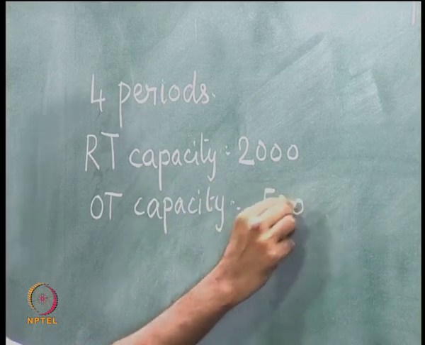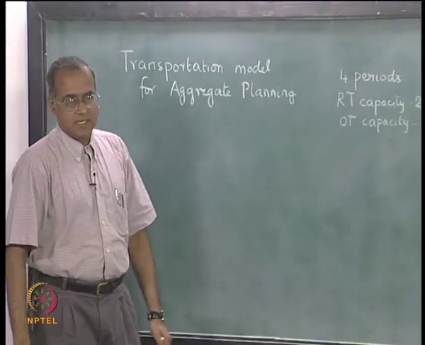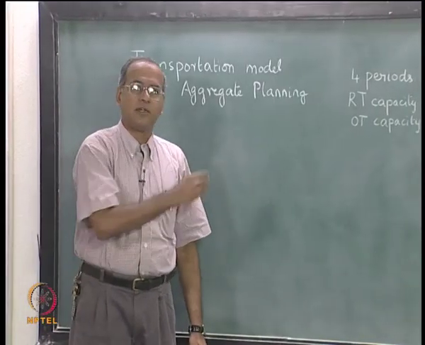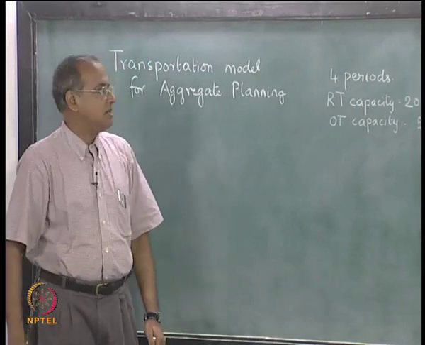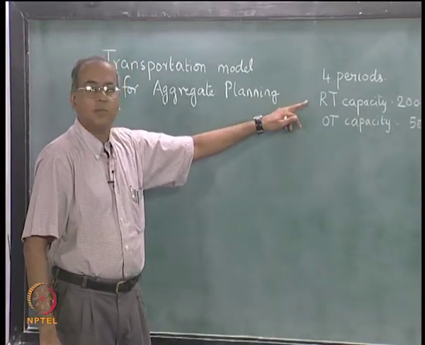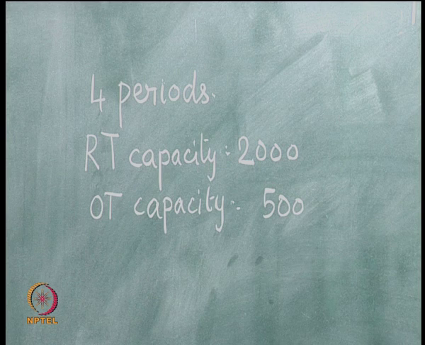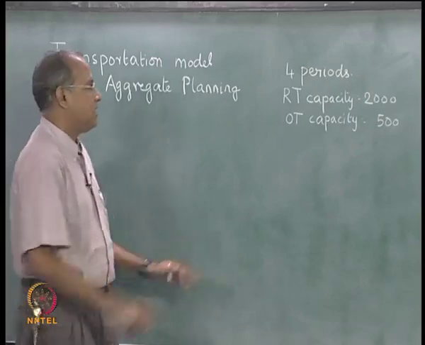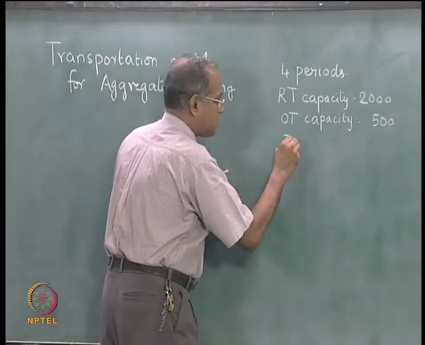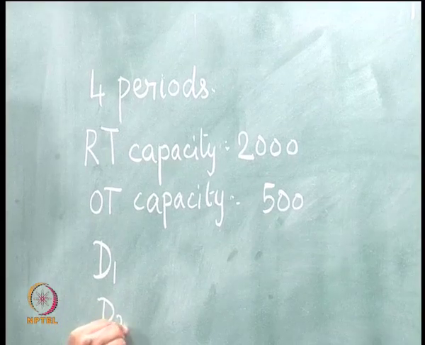and overtime capacity is equal to 500. In the last lecture we saw that it is customary to denote all these as man hours instead of units. So each month we assume has an RT capacity of 2000 and OT capacity of 500. So totally a capacity of 10,000 man hours is available in the entire production period. We have 4 periods, so let us have the 4 demand values.